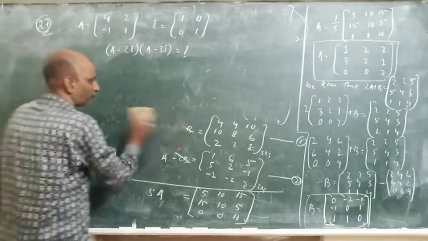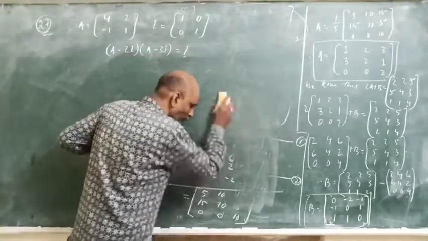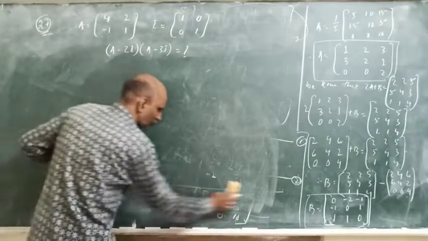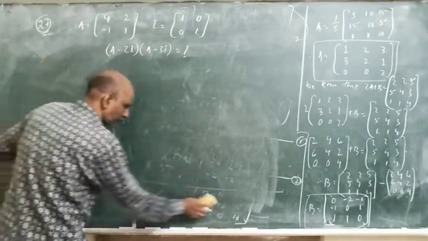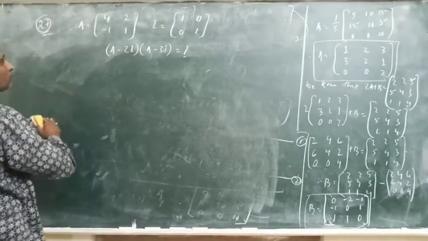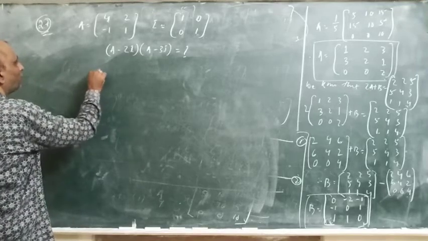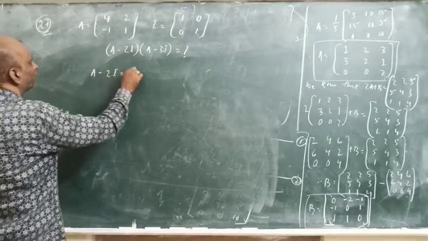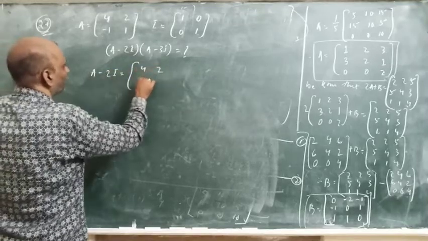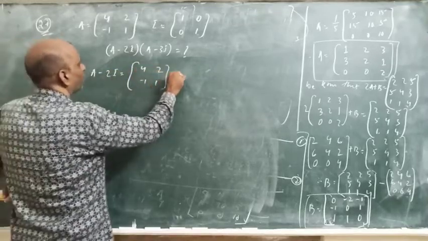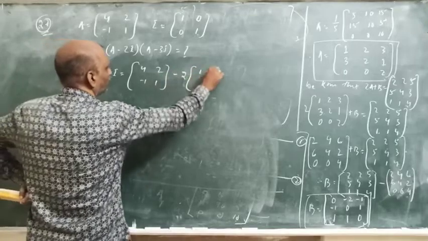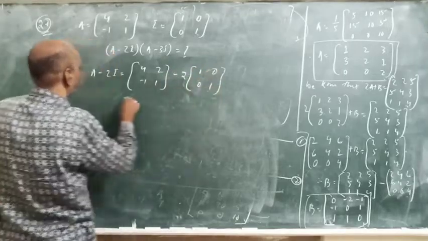Okay, now look at here. First of all, A minus 2I. A equals [4 2; minus 1 1] minus 2 into I, that is [1 0; 0 1].